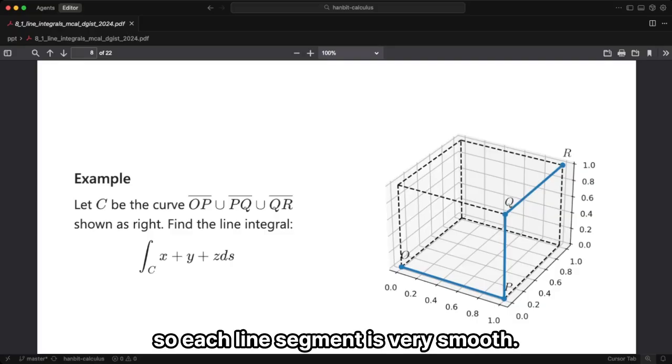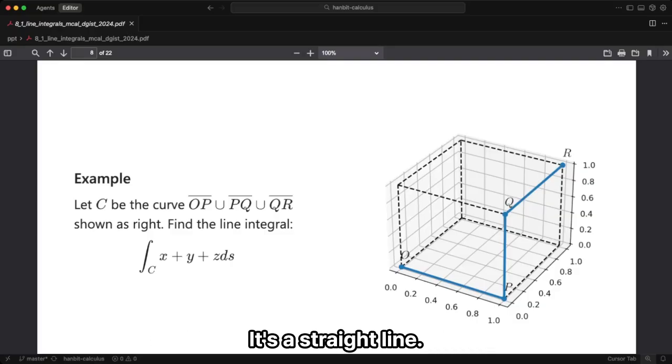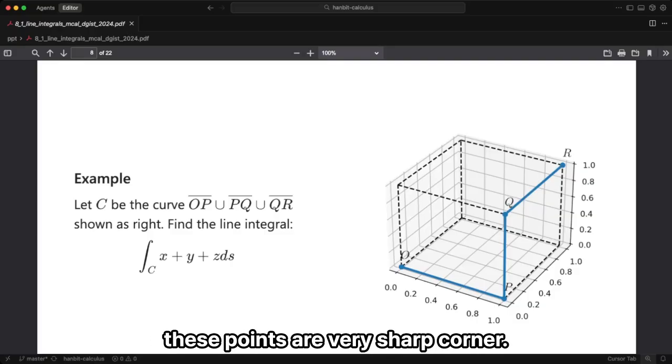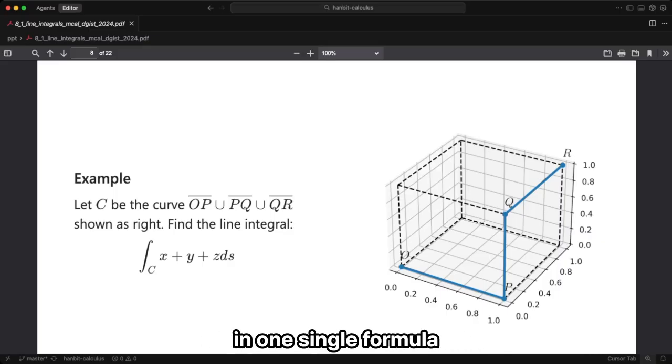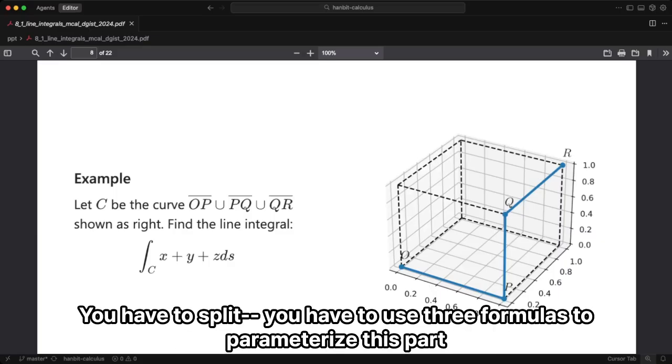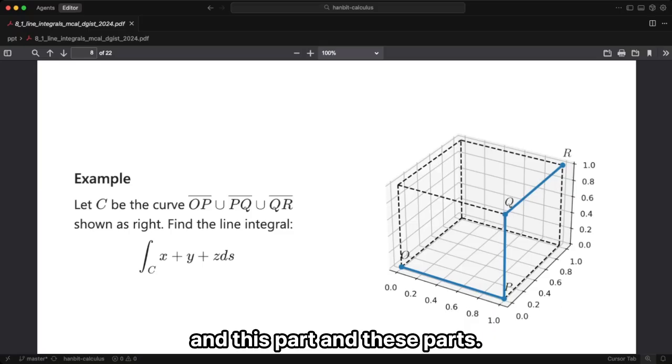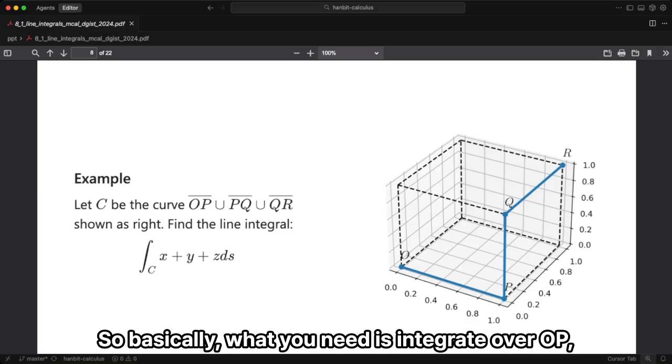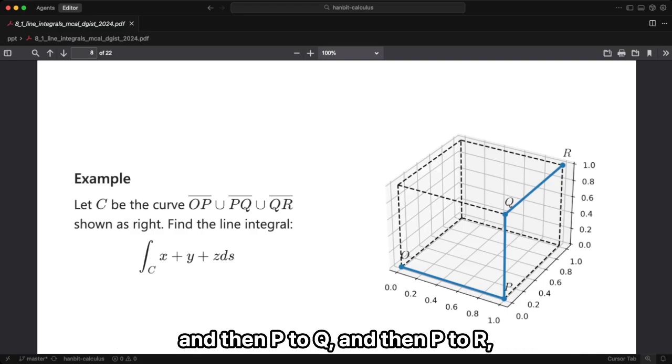Each line segment is very smooth, it's a straight line, but the connected points are very sharp corners. You cannot say in one single formula how this curve is defined, right? You have to use three formulas to parameterize these parts. So basically what you need is to integrate over OP, then PQ, and then QR, and then sum them up to get the line integral.